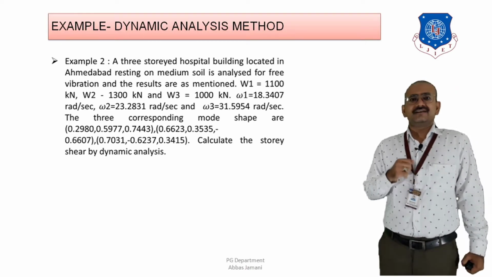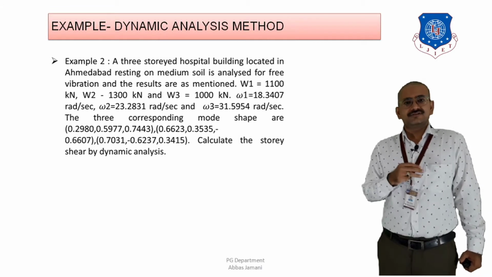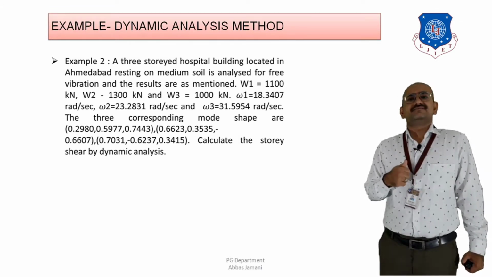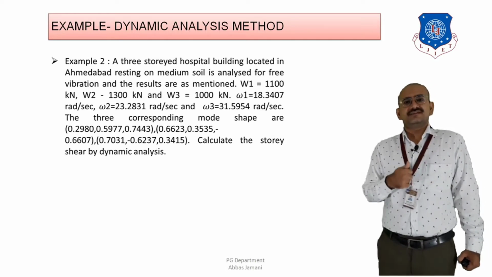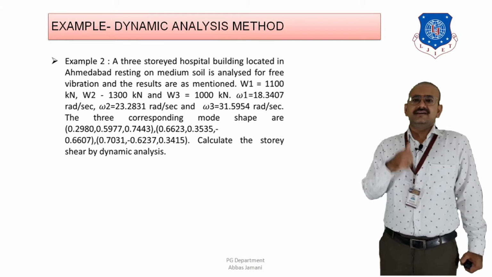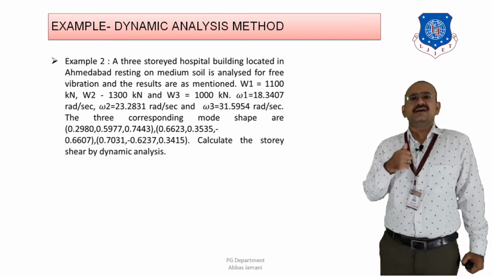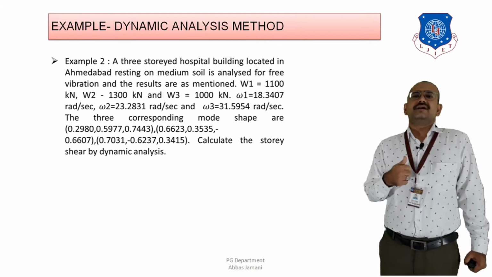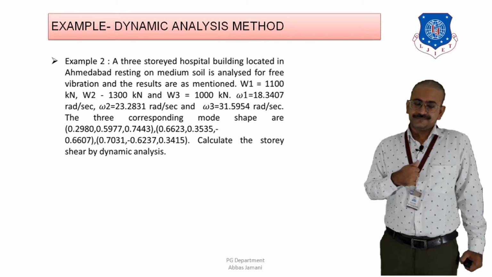Accordingly, the mass is distributed at 3 floors or 3 levels. Based on these 3 floors we can assume that we are going to get 3 mode shapes, one for each angular frequency. That is, it is going to be a pair of results where we get the value of angular frequency and the value of mode shape, right?